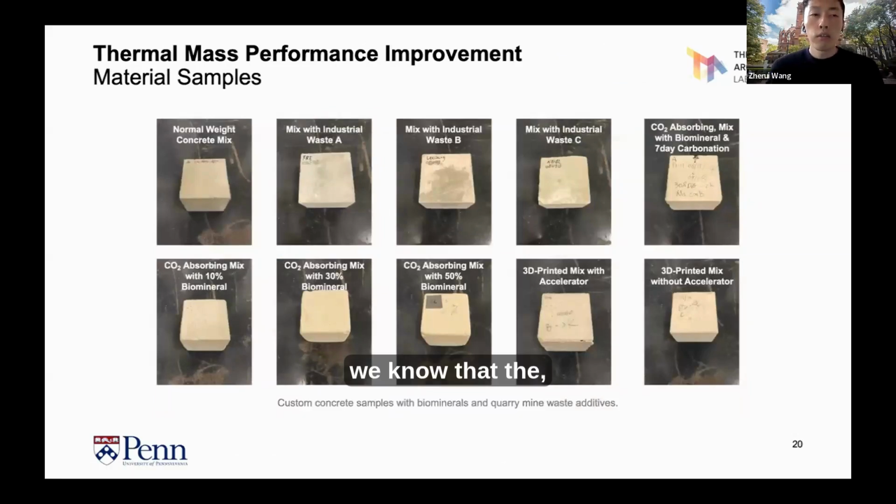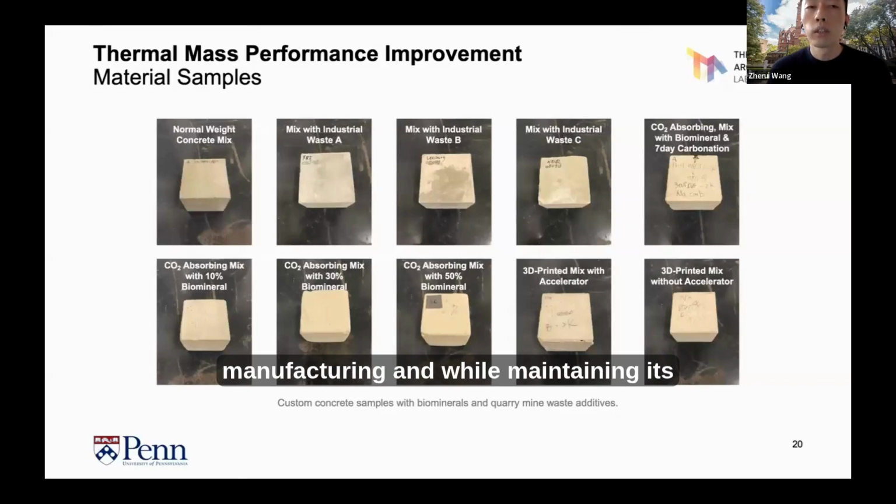So we know that the custom concrete material recipe we devised is able to store carbon dioxide and bears potential in reducing the embodied carbon related to the material manufacturing while maintaining its material performance structurally.